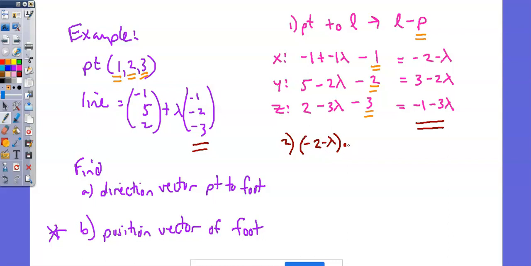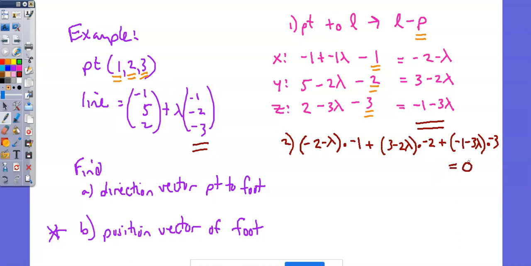And scalar product, the direction of the line, first component is -1. And then the second component, product of second component of each will be 3 minus 2 lambda times -2. And then third component, -1 minus 3 lambda times -3, which will equal 0.